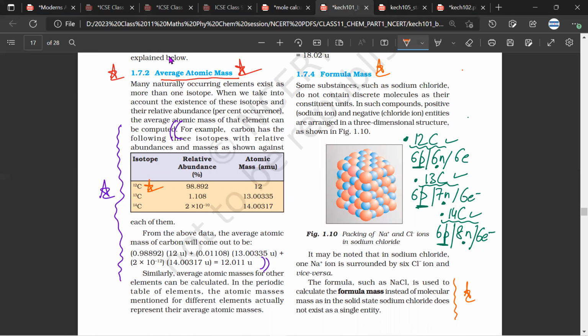in nature, carbon 12 is only 98.892%. There are other flavors of carbon also which are present. So we have the flavor C13 also, and the flavor C14 also.